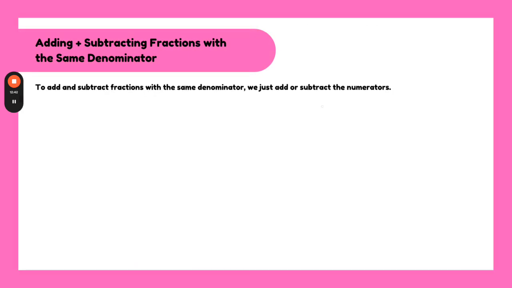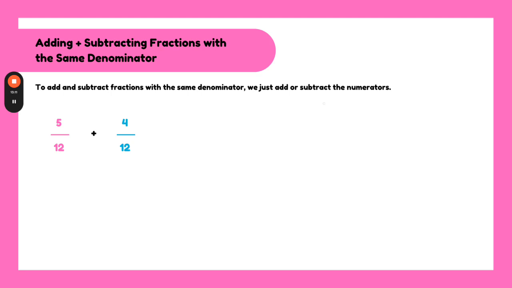So if we want to add and subtract fractions with the same denominator, we just add or subtract the numerators. It's a tiny bit similar to how we would order fractions with the same denominator, where we just compare the numerators. This is a bit similar, it's just that we are adding or subtracting the numerators.